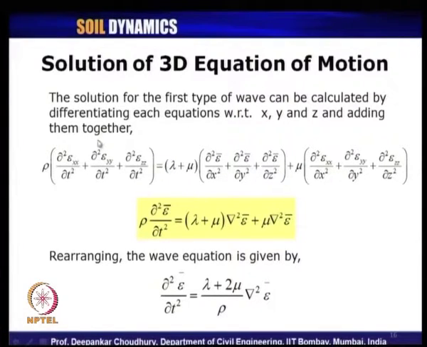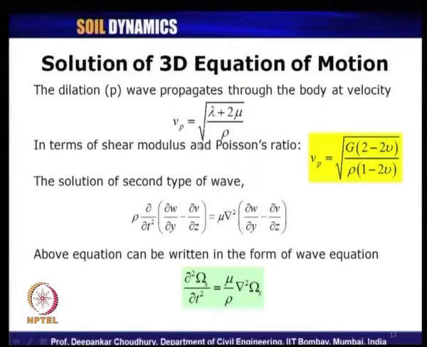So, the previous three equations we got in the direction of x, y and z, now we are differentiating with respect to x, y, z and adding them together to get the first type of wave, which finally will give us, on simplification, this equation in the simplified form. Further on rearrangement, we can write it like this: del square epsilon bar by del t square equals lambda plus 2 mu by rho grad square epsilon bar.